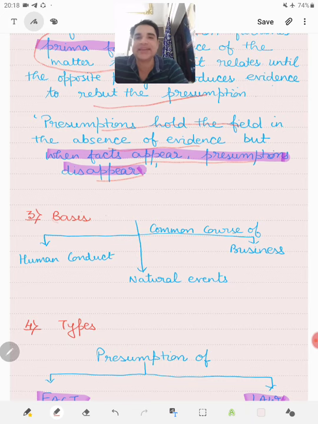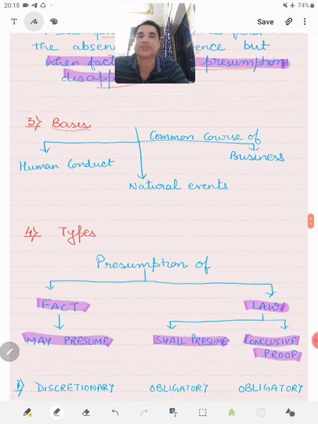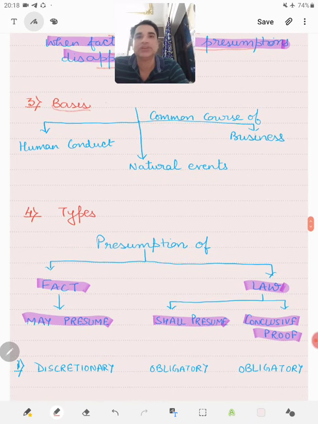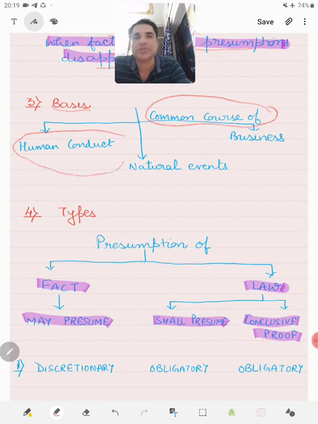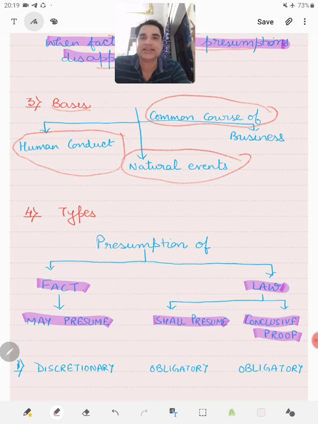Now, what are the bases on which presumptions are drawn? There are three important bases. That is the common course of human conduct. So common human behavior is one of the bases of presumption. Then the common course of natural events, that if there is thunder and lightning, then maybe there is rain.